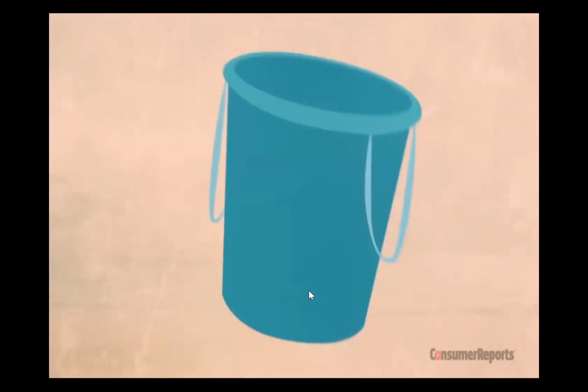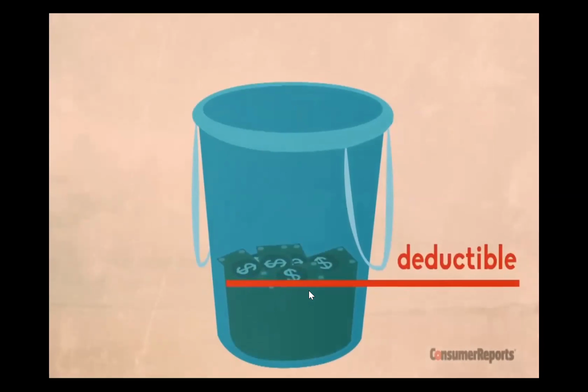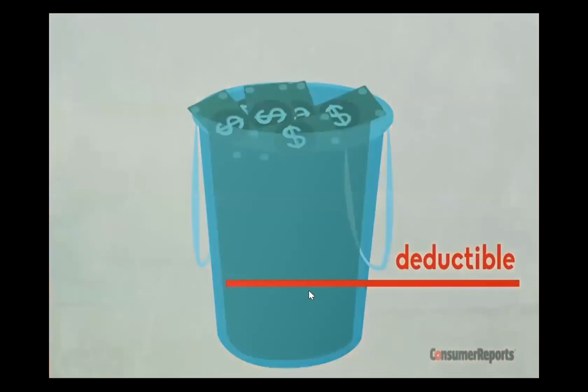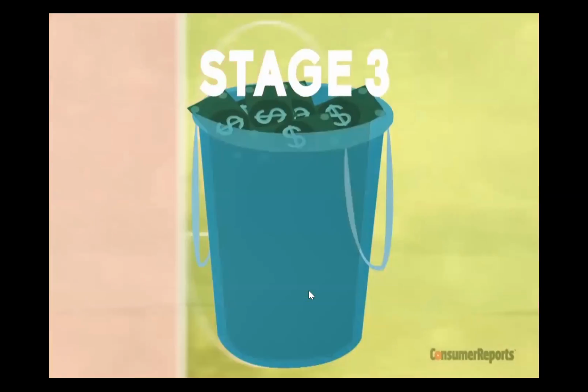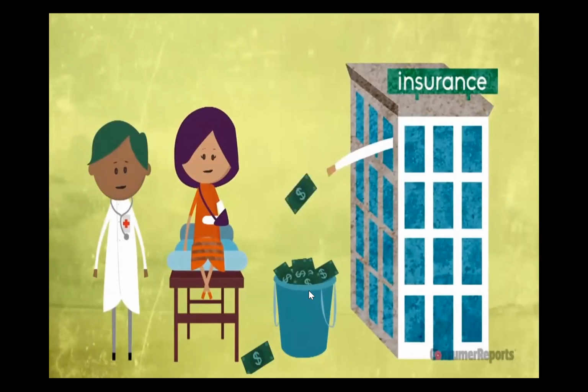Remember that bucket? Every time you fill it with copays and co-insurance, your insurance company is keeping track. If you fill that bucket up to the top, everything changes again. You enter stage 3. From this point on, your insurance company pays everything for the rest of the year. That's right, every dollar of your health services paid by your insurance company.